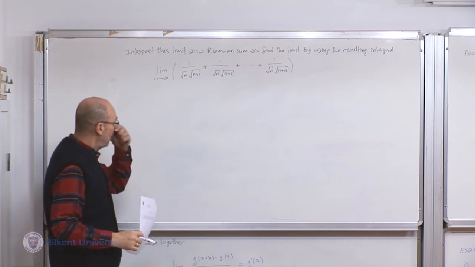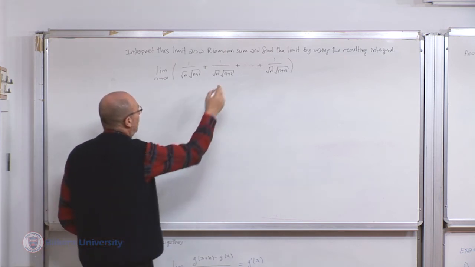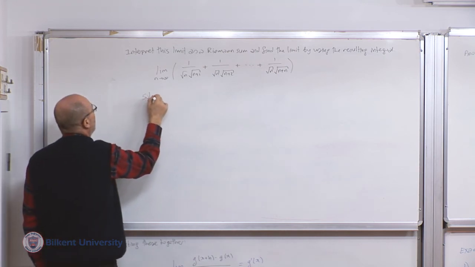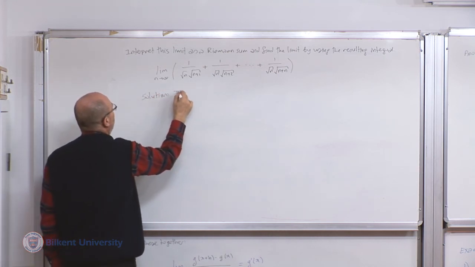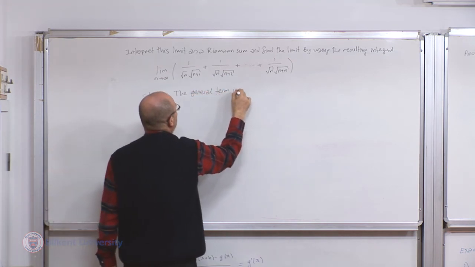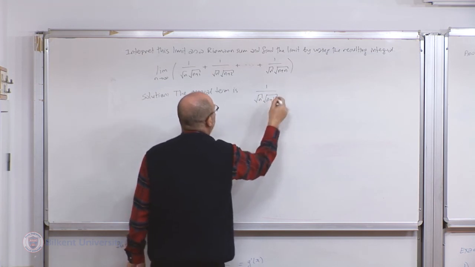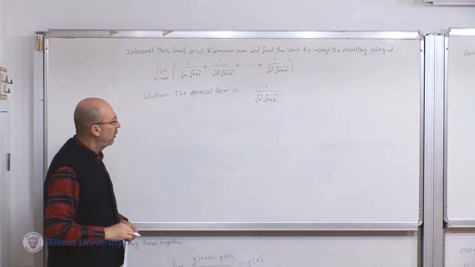We want to calculate this. So this must be the general term. Solution: you start with the general term. The general term is 1 over square root n times square root n plus k, or n plus i, whichever notation you prefer.